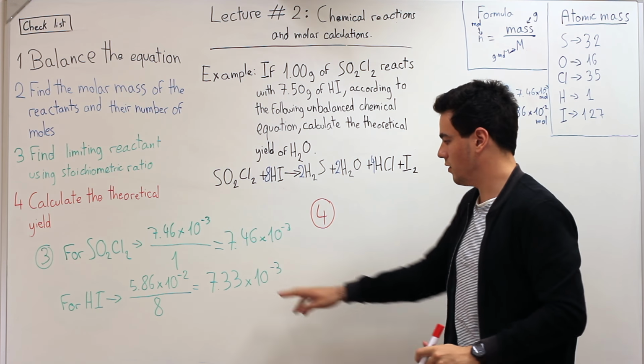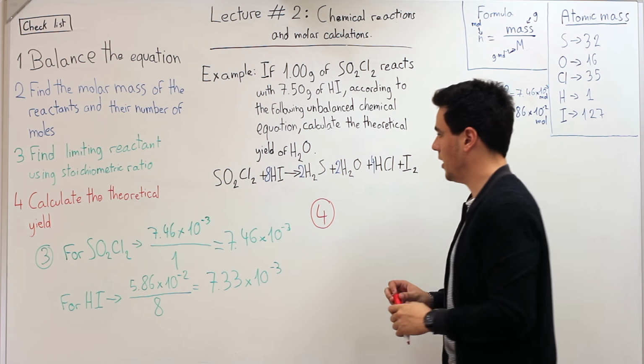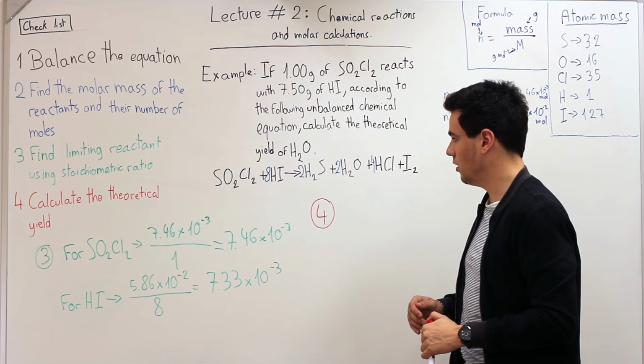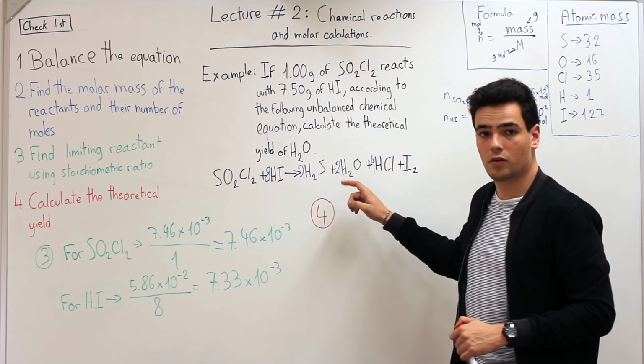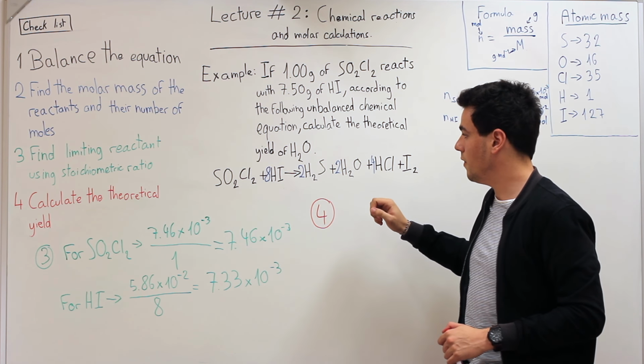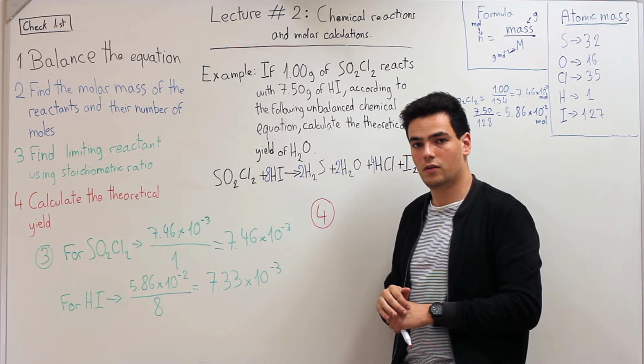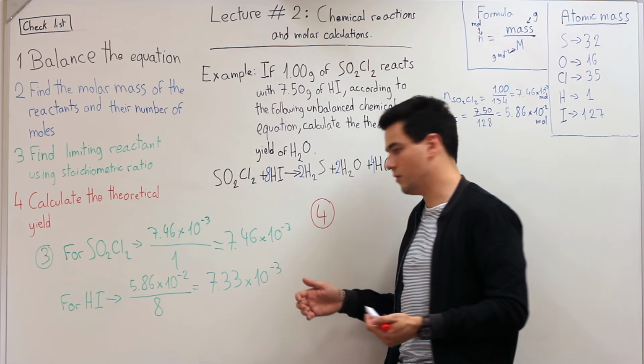We're going to take this value and multiply it by 2, as the stoichiometric number of water is 2, and over 8, because here the stoichiometric number is 8, which is a quarter. 2 over 8 is a quarter.